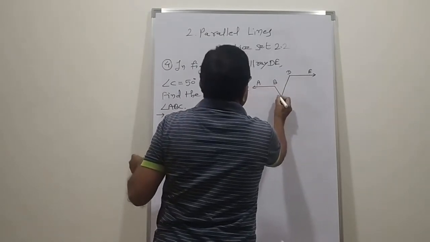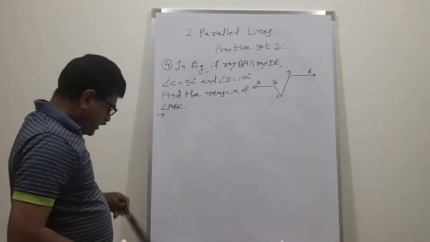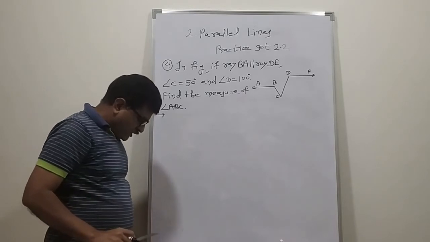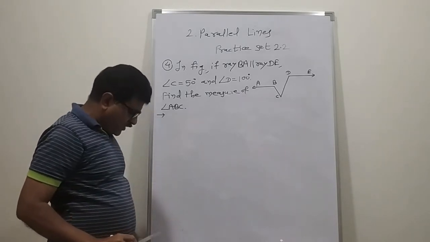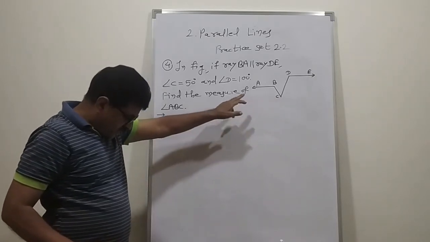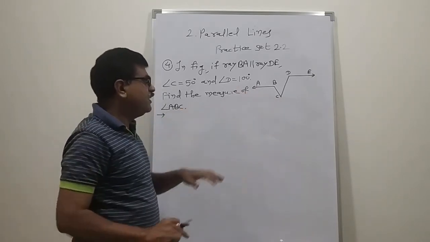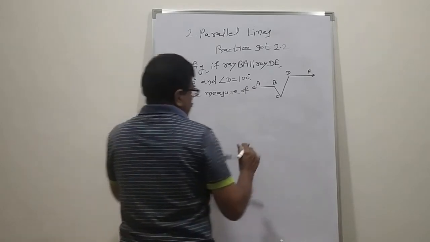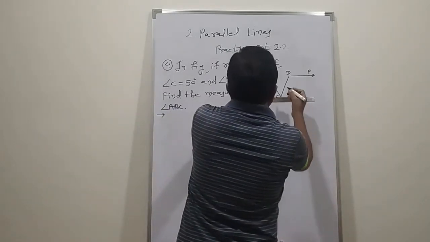This is C. Now here we have a given construction. Draw a line passing through point C and parallel to line AB.